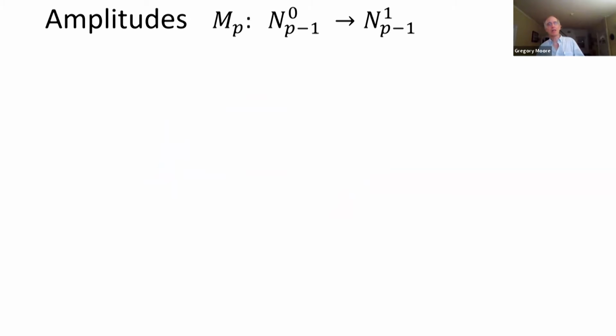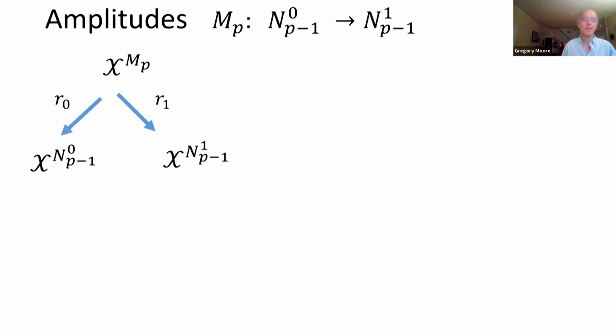So going back to the description of amplitudes from an initial to final spatial slice, if we have a Bordism, then we have a correspondence of mapping spaces. So remember, X to the MP is the space of maps from the Bordism, MP, to the target space X. And we could restrict those maps to the initial and the final spatial manifolds.